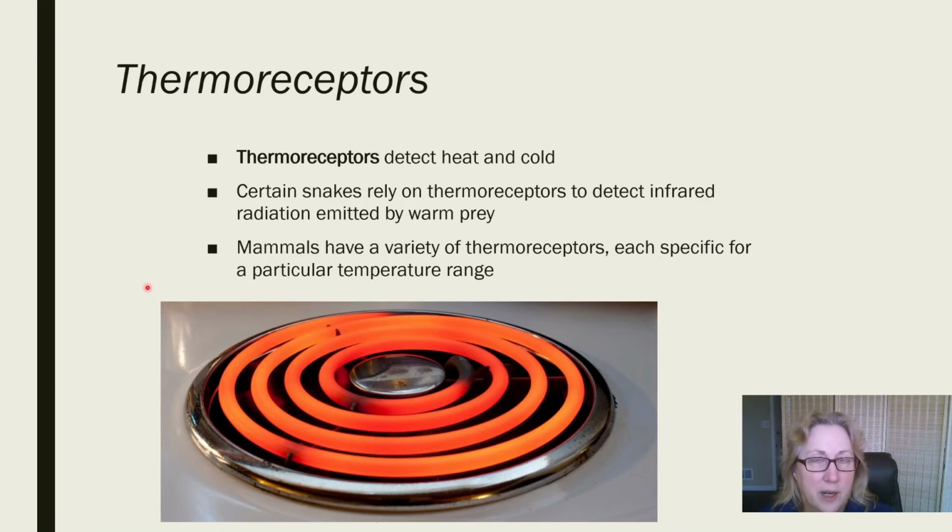We don't do it with our eyes or with our face, but we can detect infrared radiation with specific thermoreceptors in our hands. We actually have them all over our body, but we have more of them in our fingers, which is why it's easier to tell if something is hot using your hands. You don't even have to touch it, you just have to get near it.